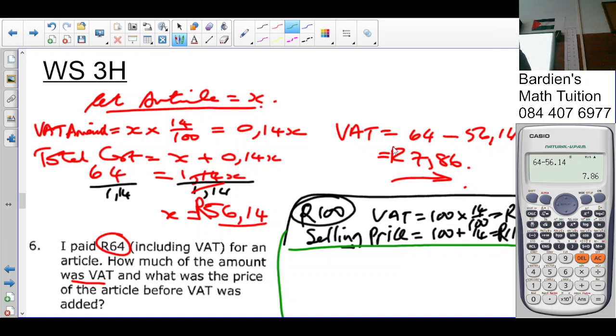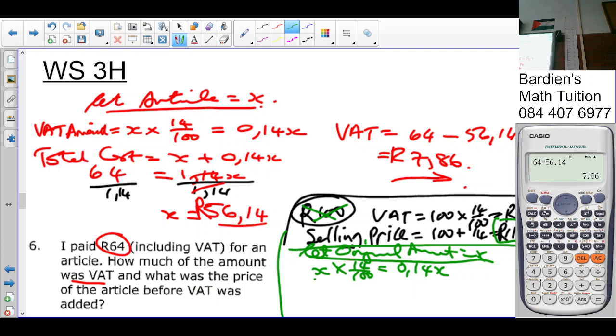Okay, listen. Let's check if we can do what I show you. So the VAT amount, remember, this is given to us. We're going to say this is now omitted. Let the original amount be X. So X times 14 over 100 is equal to 0,14x. Then what do we do? Do we add x to it?